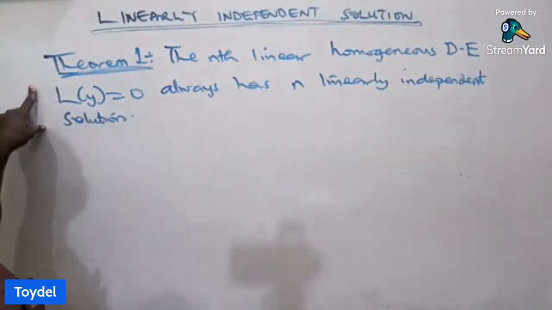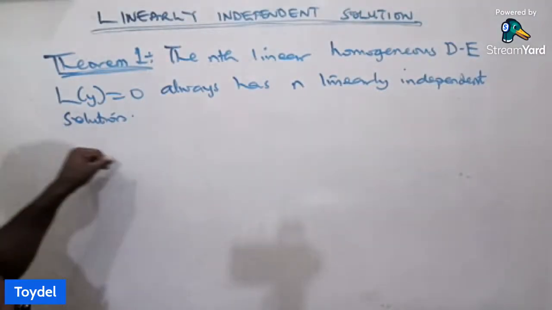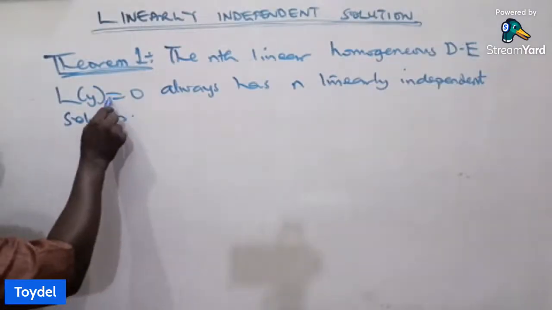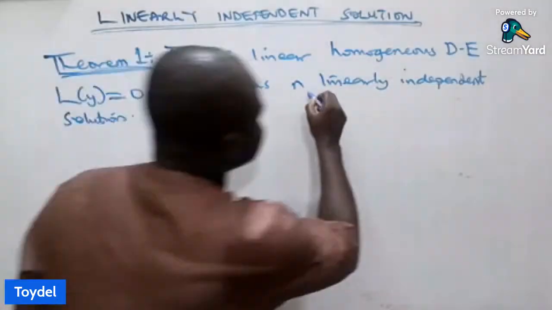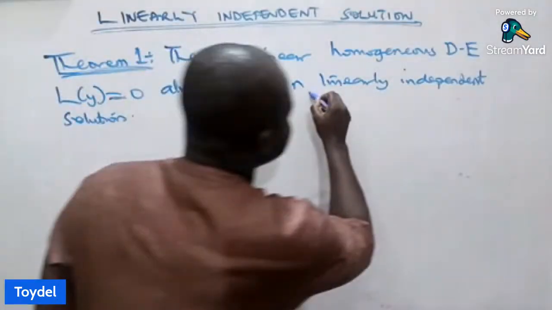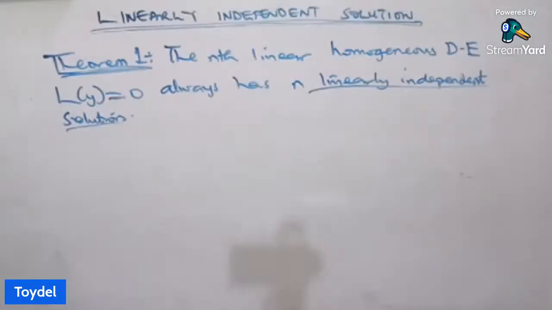But this theorem tells us that the nth order linear homogeneous differential equation, that is, when the right hand side is equal to 0, always has n linearly independent solutions.